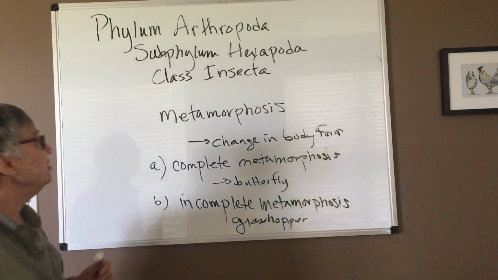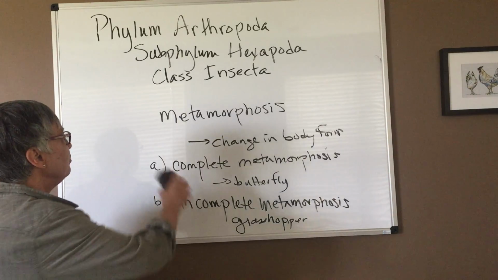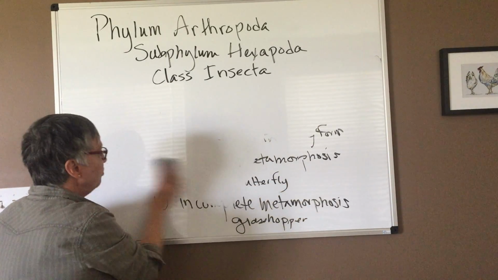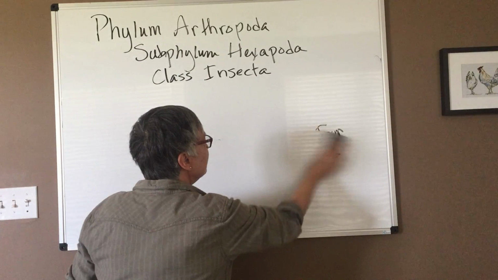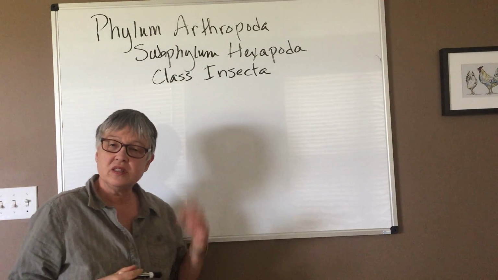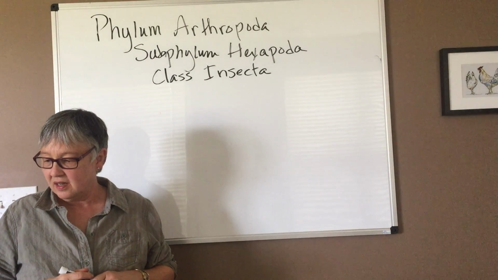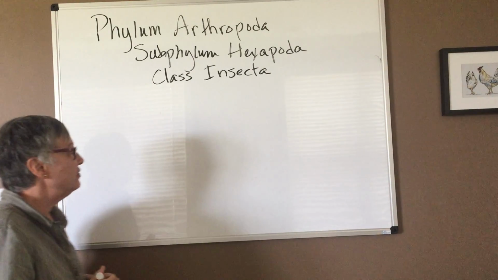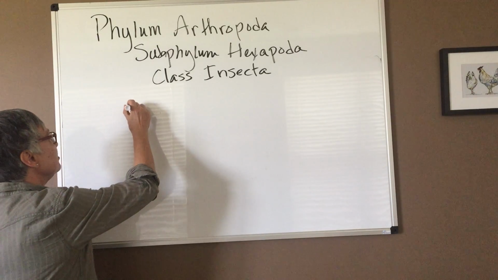All right, so let's take a look at complete metamorphosis. And you've probably already heard about this, maybe seen examples, especially within the butterfly life cycle of complete metamorphosis. So let's take that up first.